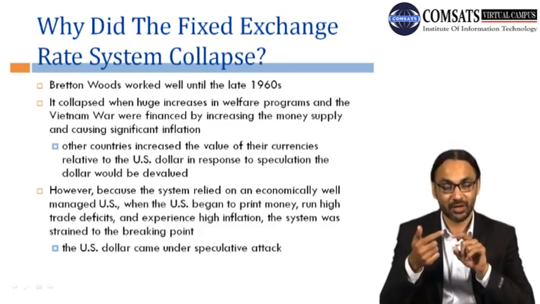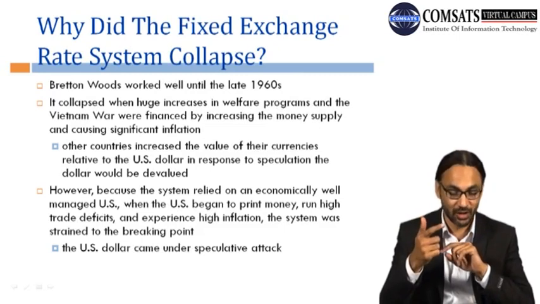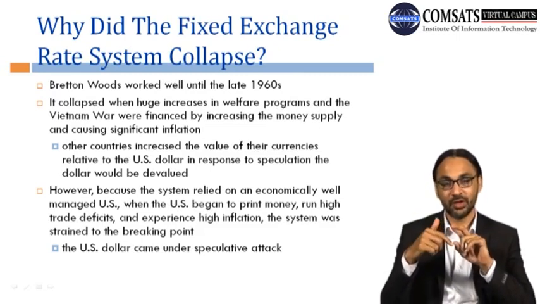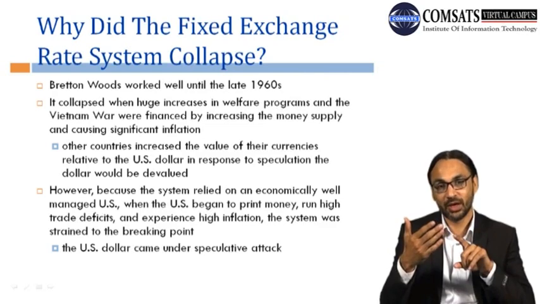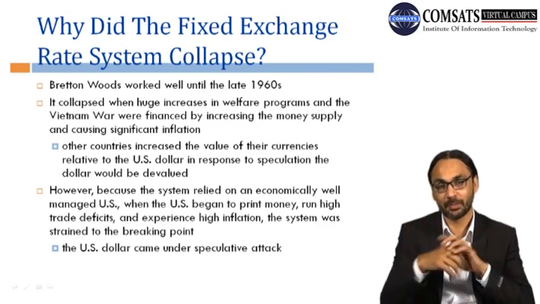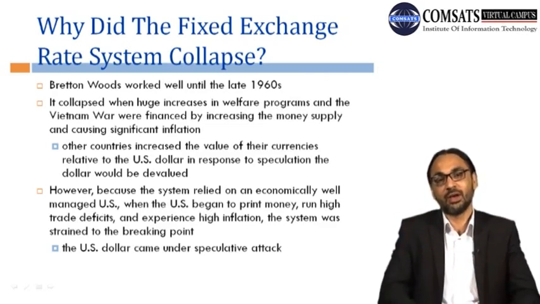And the very next day, on the 5th of May, they did the same thing again. They bought another $1 billion US dollars from the market to keep the exchange rate at the same level. But on the 6th of May, they observed that the US dollar was still going down.